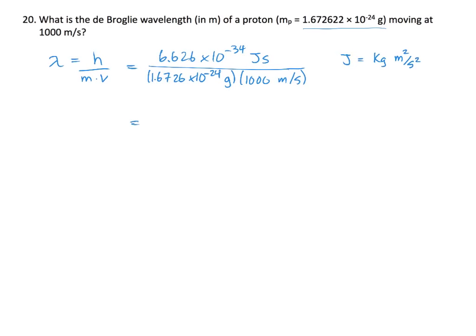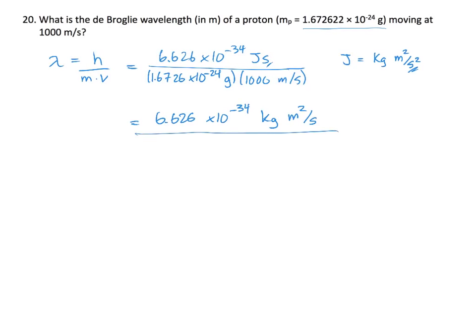So if we rewrite this as 6.626 times 10 to the minus 34 kilograms meter squared per second, because the seconds will partially cancel.